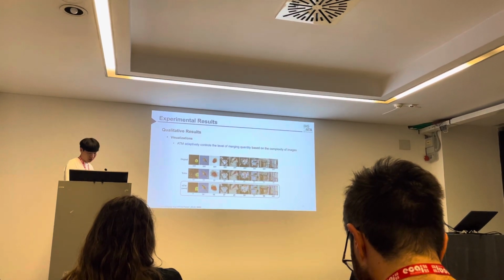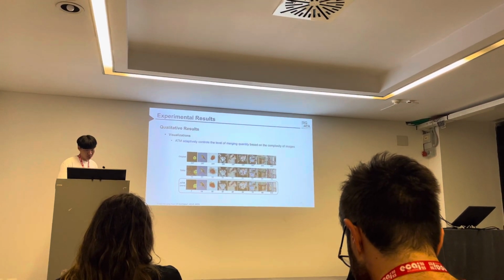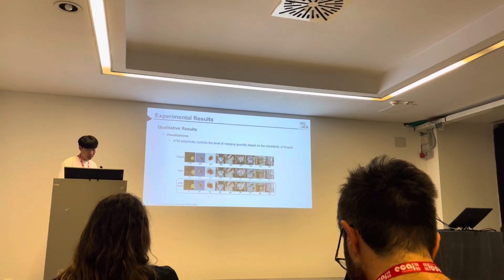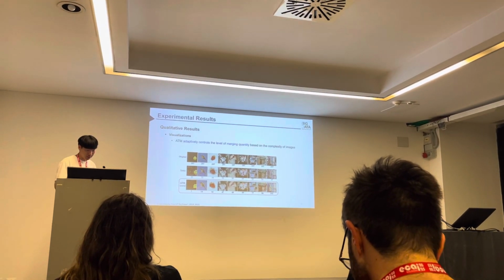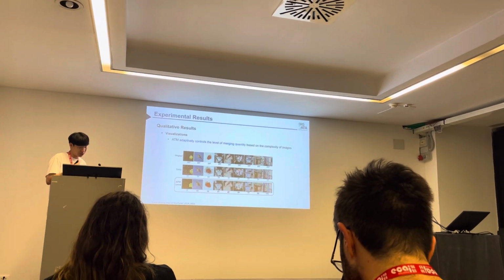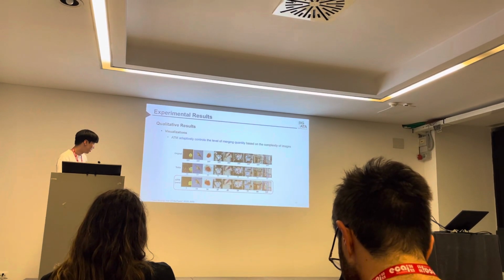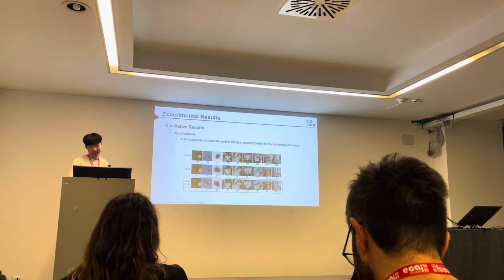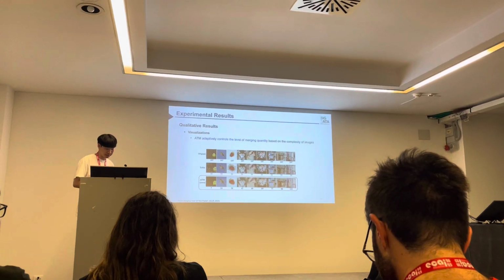However, in our ATM method, for easy samples we merge the tokens more aggressively, while for hard samples we preserve more tokens to ensure safer merging. To summarize, ATM adaptively controls the level of merging quantity based on the complexity of images.